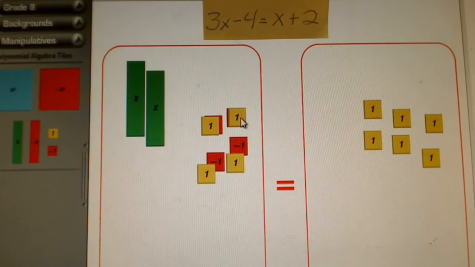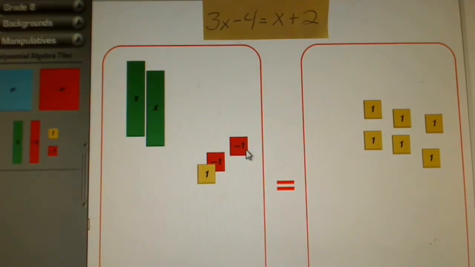Remember, all of these were canceled out right here, so that's gone, gone, gone. Cancel, cancel, and then these 2 canceled. So now what I have is 2x equals 6.